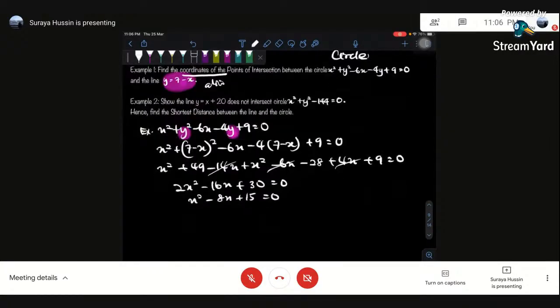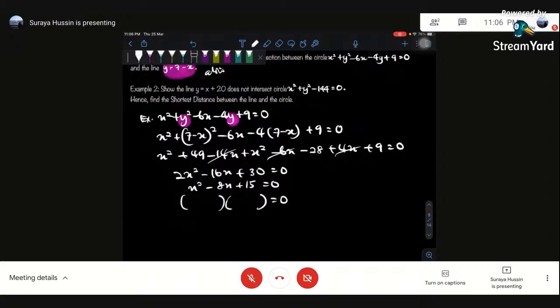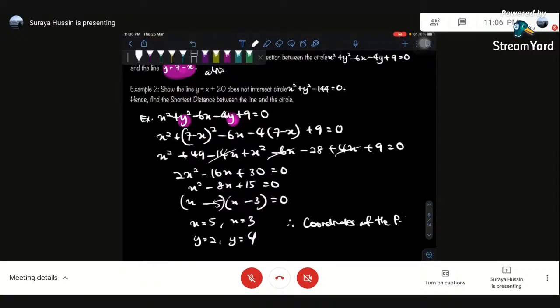Dan you juga akan dapat dua factors, sangat senang. 5 times 3 is 15, minus, you will get negative 8. Therefore, your x is equals to 5, x is equals to 3. Therefore, your y is equals to 2, y is equals to 4. Therefore, your intersection, the coordinates of the point of intersection are 5, 2 and 3, 4.